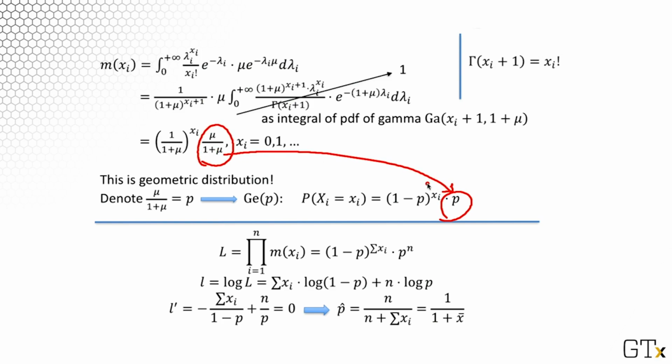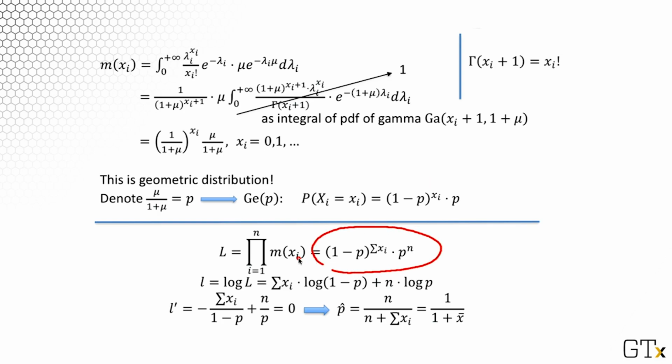In the usual fashion, the marginal is a product of individual marginals, and the product becomes this expression in which you have the summation of xi's and p to the n. Then we estimate p by the maximum likelihood approach. In the traditional way, we find the logarithm of the likelihood, take the derivative of the logarithm, and set this derivative equal to 0.